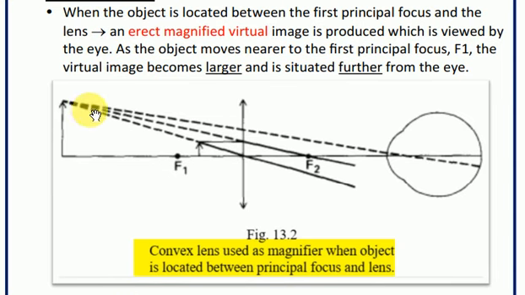The field of vision obtained with a convex lens used as a hand or stand magnifier is dependent on the size or aperture of the lens and on the eye and lens distance. The greater the eye and lens distance, the smaller will be the field of vision.